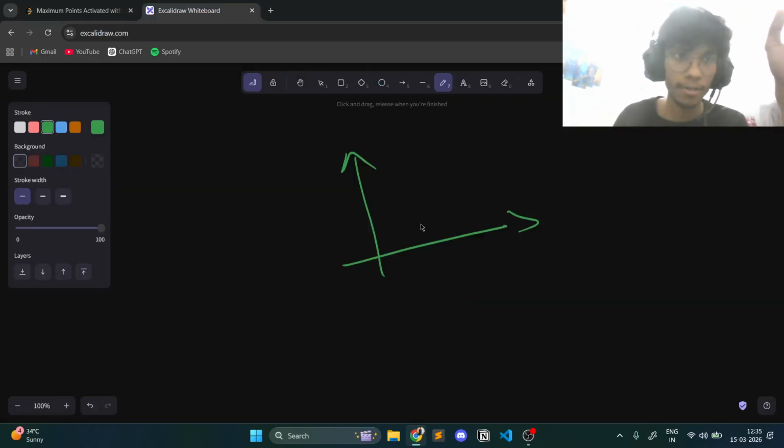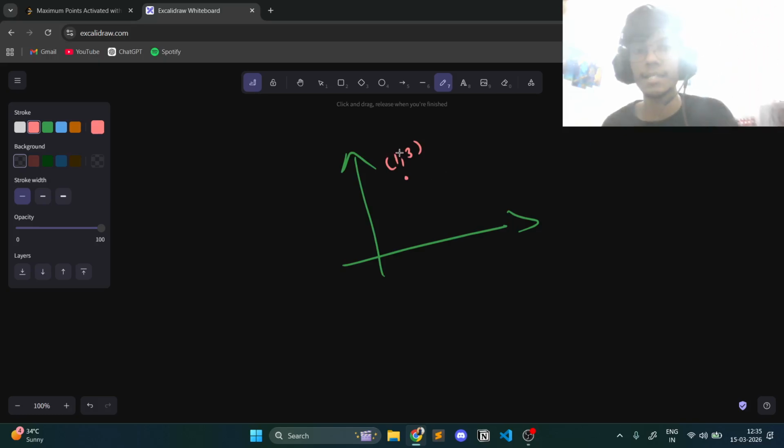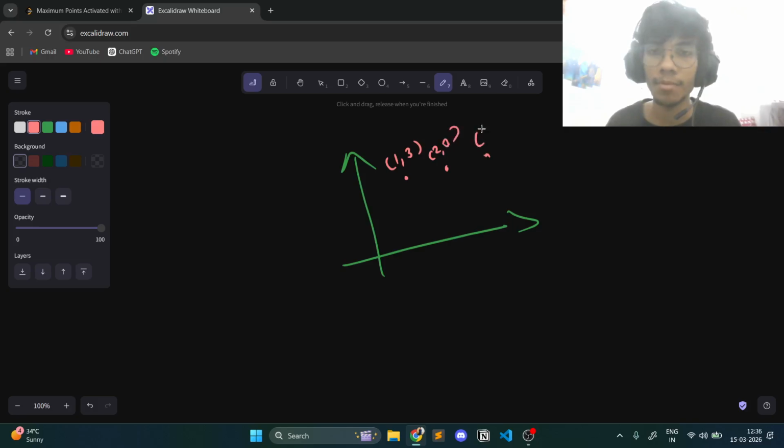So let's say the point that was activated was 1 3. Then all the coordinates that share the same x and same y become activated as well. So if this was 2 3, this becomes activated. If this was 3 3, this also becomes activated. Let's say 0 3, or this was 1 0, this also becomes activated.